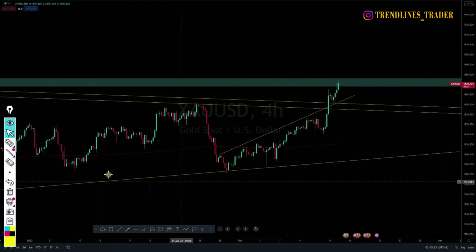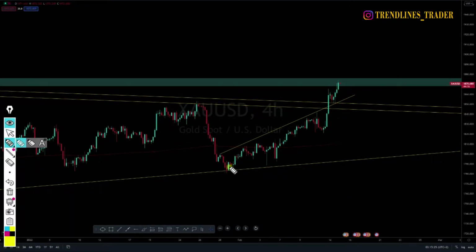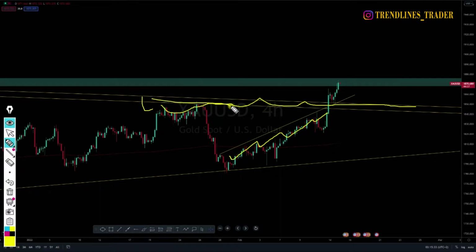Price previously respected this area right here, which is our initial resistance that was created by the symmetrical triangle. The price was respecting it and it broke as it gave us this type of retest and pushed high.